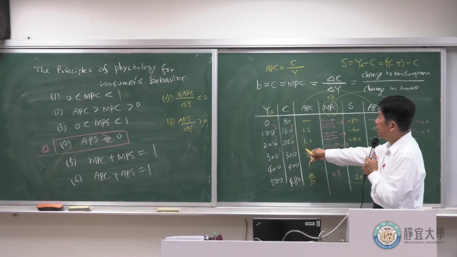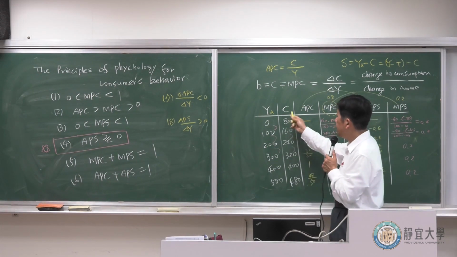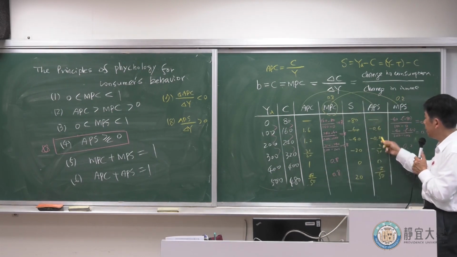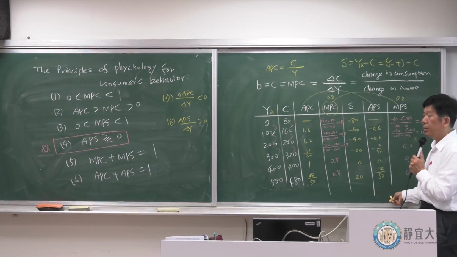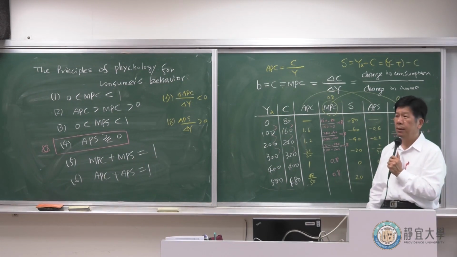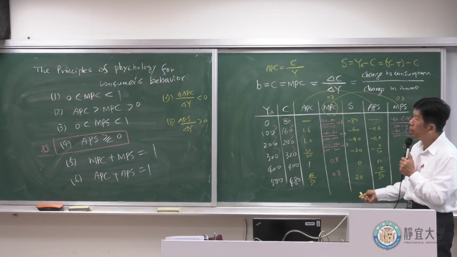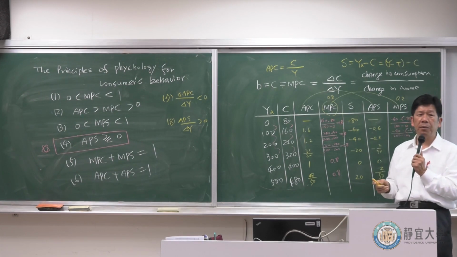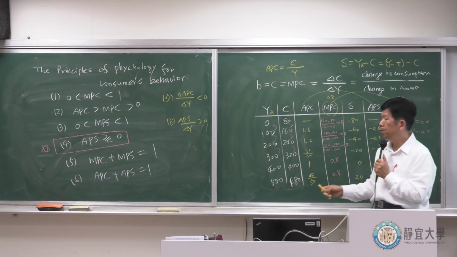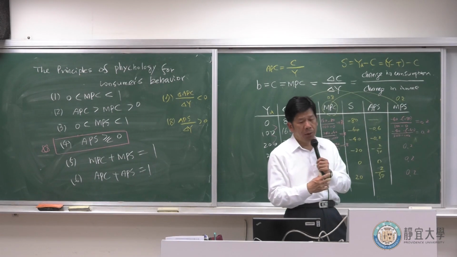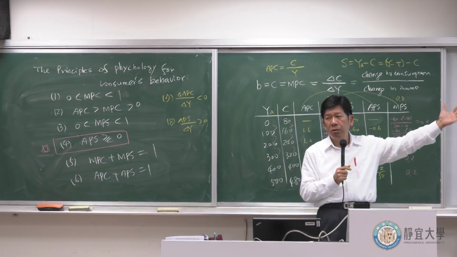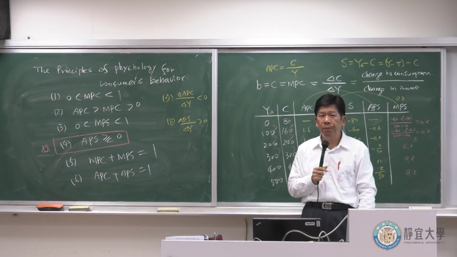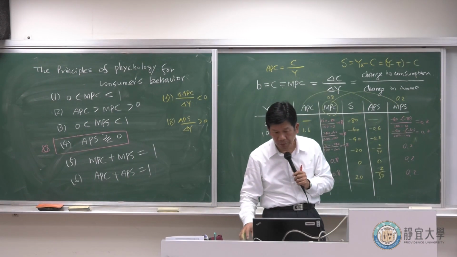And then you can check, when the income increases, APC increases, and when income increases, APS increases. Okay? So like this. And after that we call this the principle of the psychology of consumer behavior. Okay? So here, when you write the consumption function, then you can get some results. Okay? So this is all important.